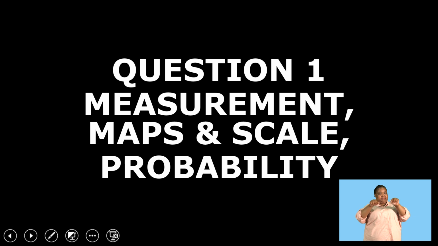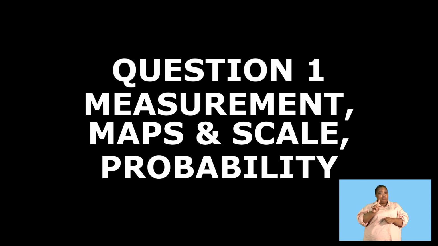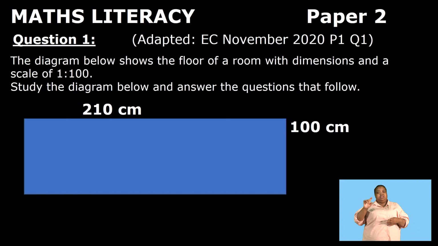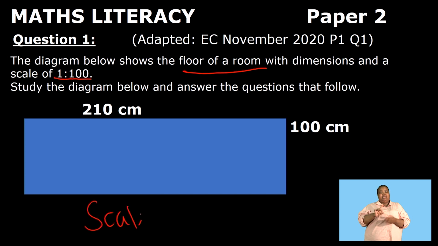Now, when we look at question 1, remember question 1 is measurements, maps and scale, and probability. Question 1. The diagram below shows the floor of a room with the dimensions and a scale of 1 to 100. So let's put the scale there for now.